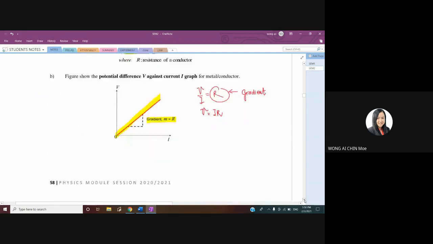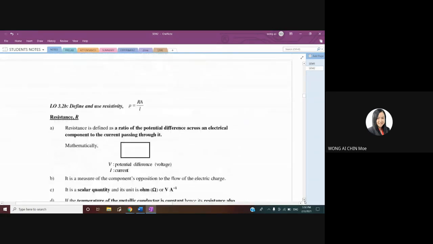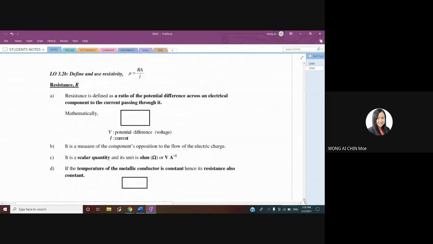Okay, we continue with page 59. After you learn Ohm's law, we will go to resistance. A resistor is the ratio of potential difference across the electrical component to the current passing through it.